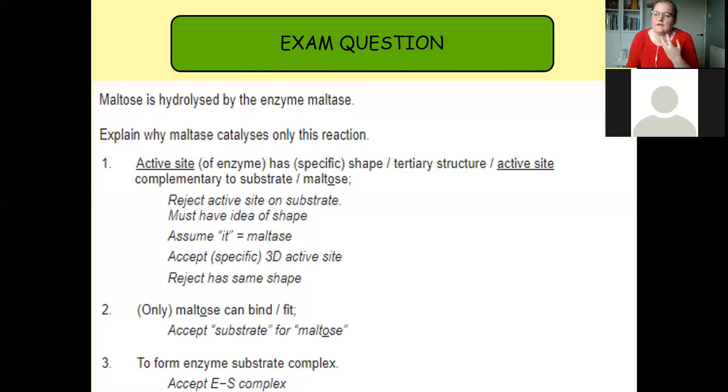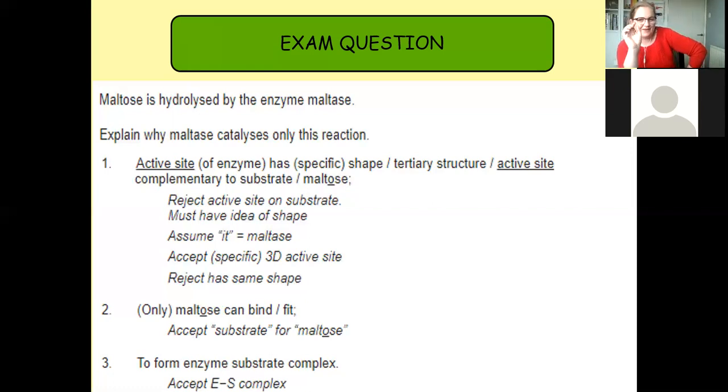You can't say they have the same shape as each other, because obviously it's a lock and key, induced fit theory idea. So actually they wouldn't have the same shape. They'd be like a jigsaw pattern. They have specific shapes that are complementary to each other, but they won't be the exact same shape. Therefore, if it has a specific enzyme active site shape, only maltose can fit in.